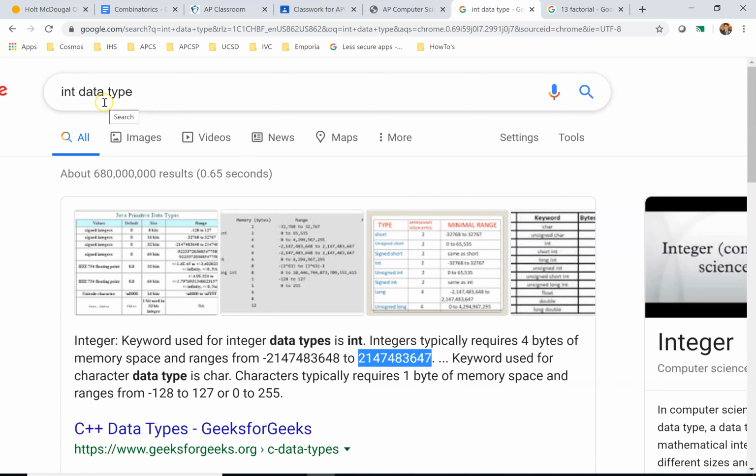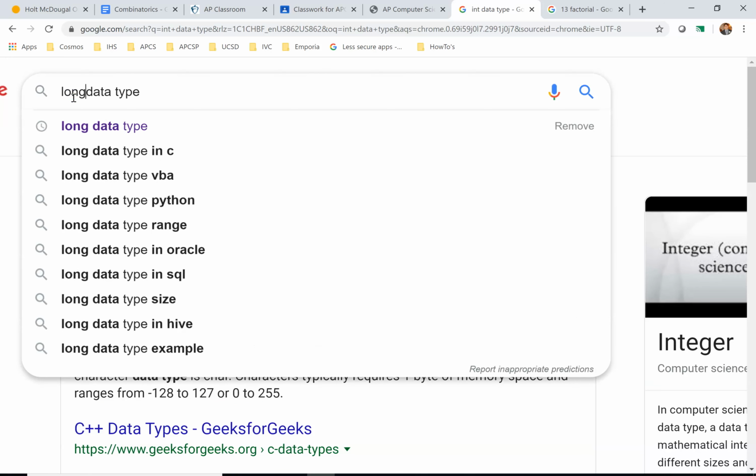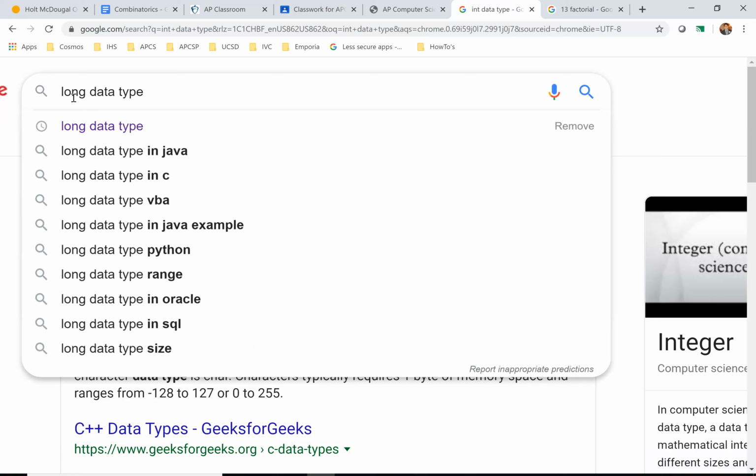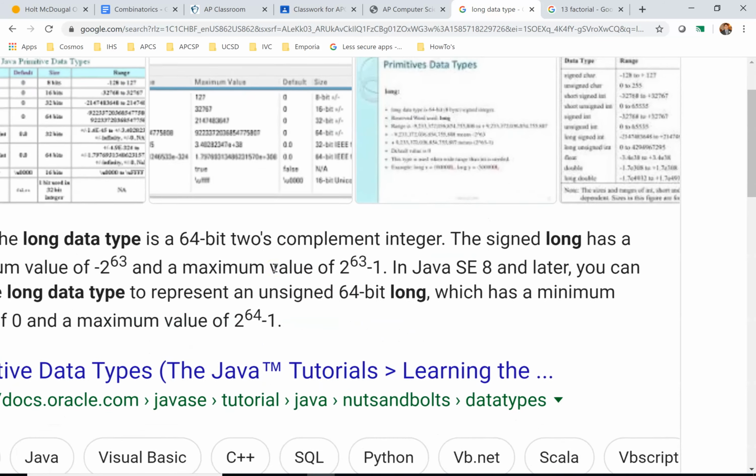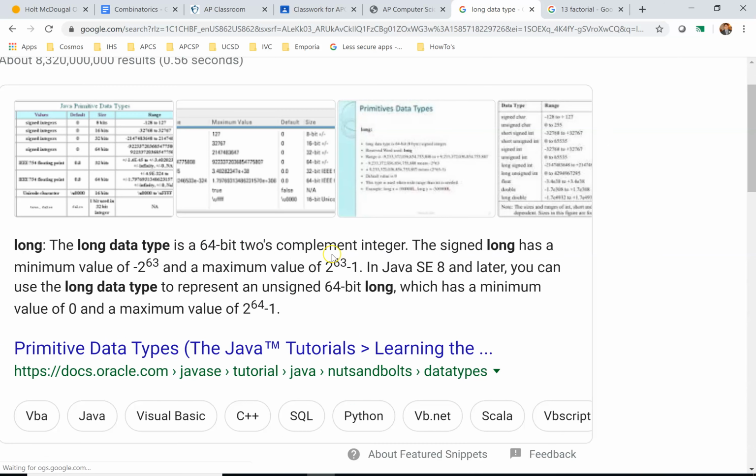Now, there is another data type called long, which gives you more storage capacity. First of all, it's 64 bits worth of information, whereas an integer is 32 bits because it's 4 bytes and each byte is 8 bits.